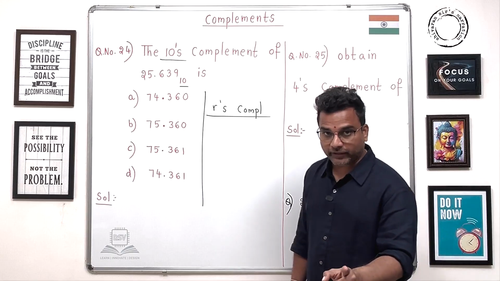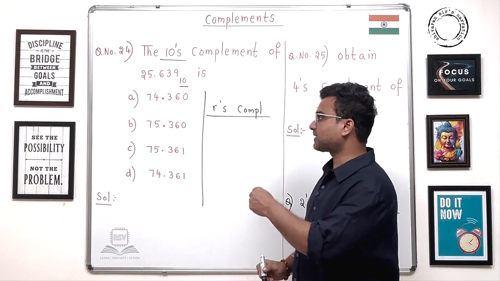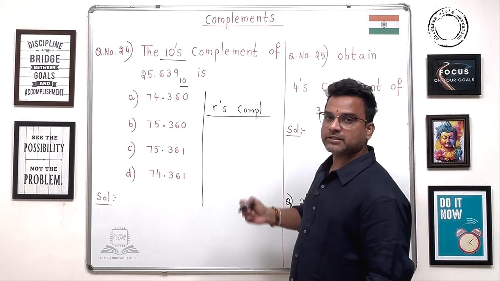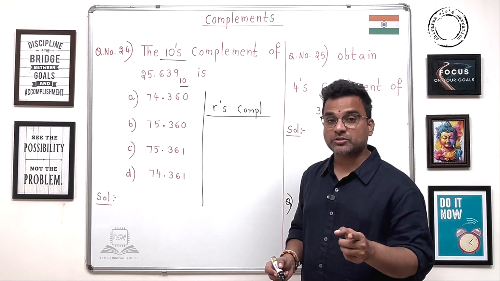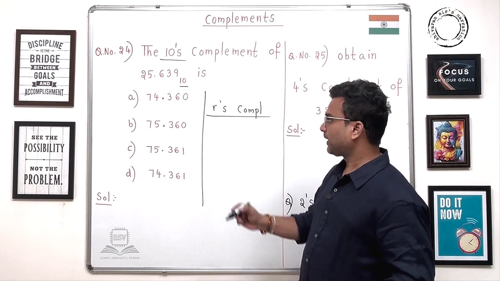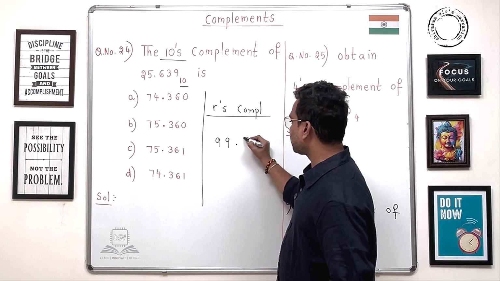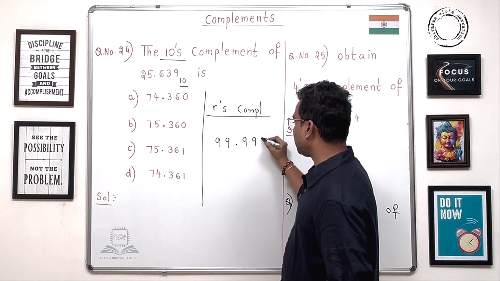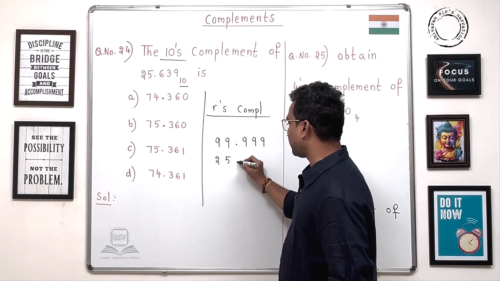I have deliberately taken a decimal point. Let's start. Here in decimal, the maximum possible value is 9. You need to subtract the given number from 9. Hence, we are taking 99.999 minus 25.639.